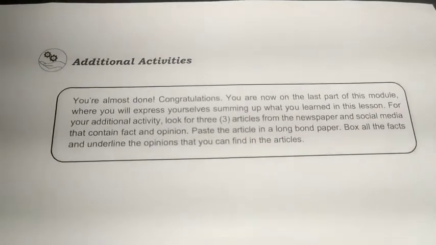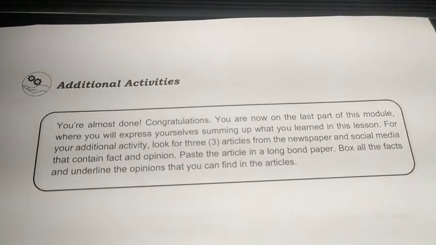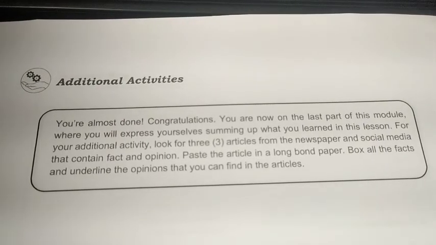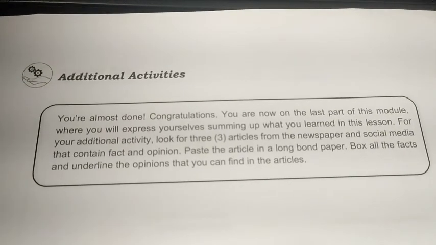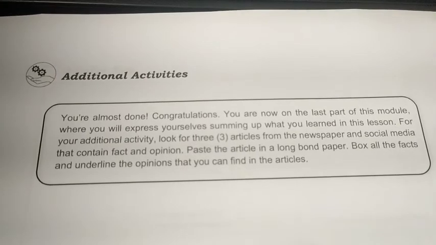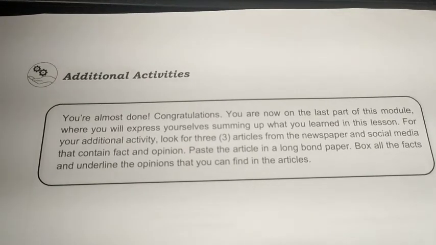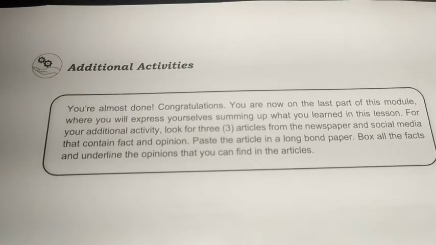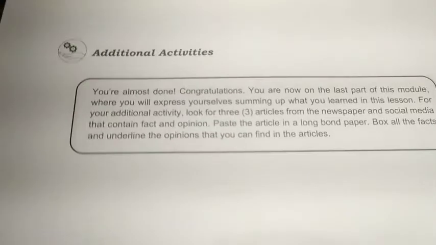So additional activity, you are now on the last part of this module. You will express yourselves summing up what you learned in this lesson. Look for 3 articles from the newspaper and social media that contain fact and opinion. Paste the article on a long bond paper, box all the facts and underline the opinions that you can find in the article.